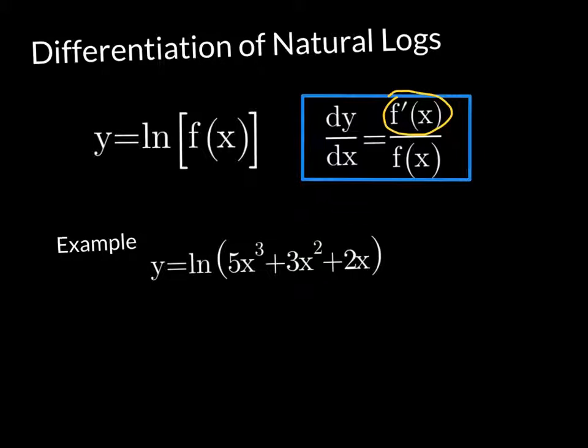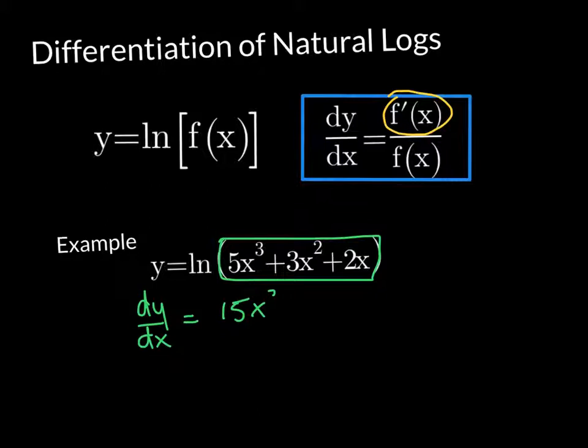So we have y is equal to the natural log of 5x cubed plus 3x squared plus 2x. So our differential, dy by dx, is equal to the differential of the thing inside this bracket divided by the thing that's in the bracket. Let's look at the differential of the thing inside the bracket first. We have 5 multiplied by 3 gives us 15, and we have x to the 3 minus 1 is 2.